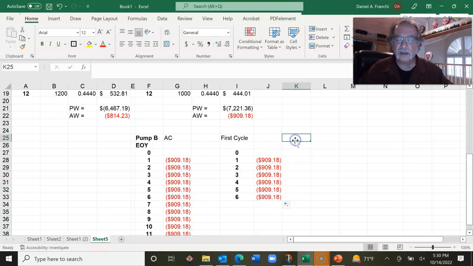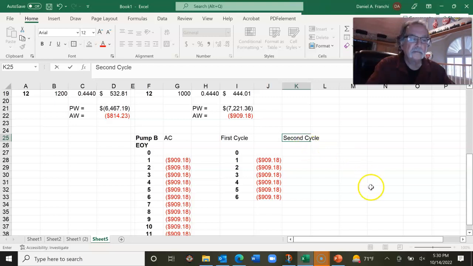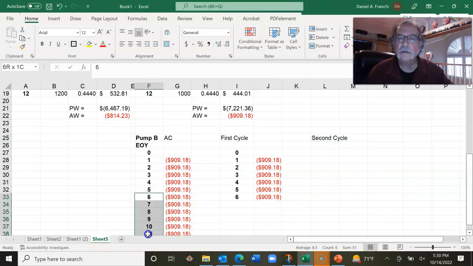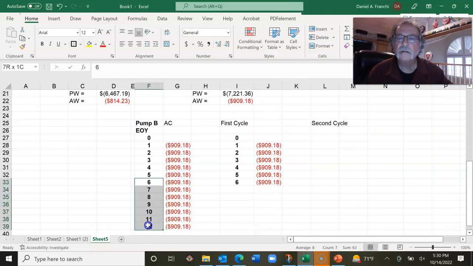And here's the second cycle. Let's move it over one. We're going to go period 6 through 12.